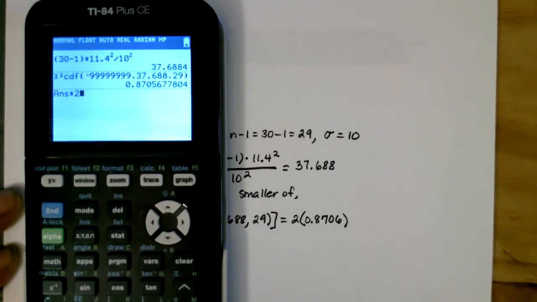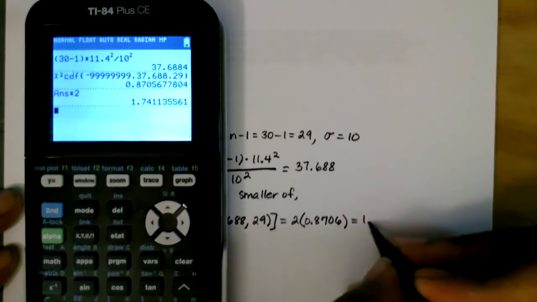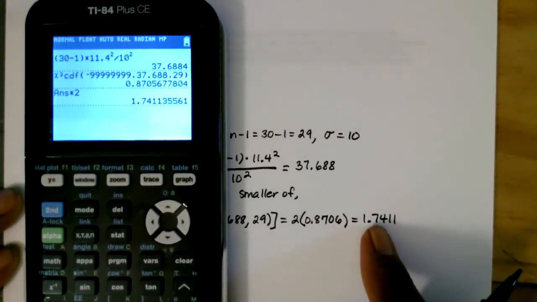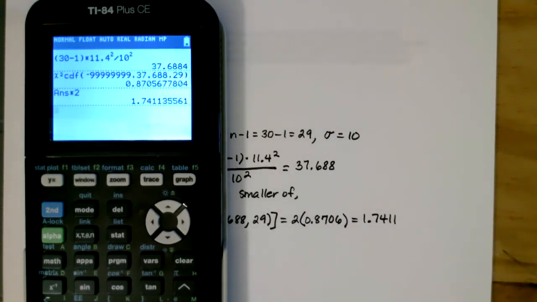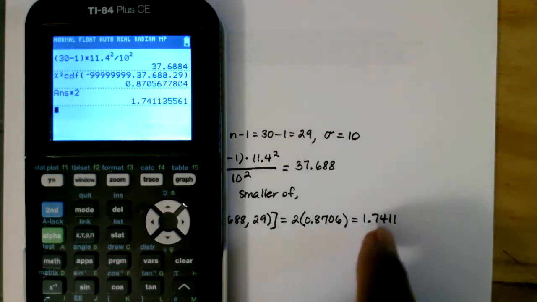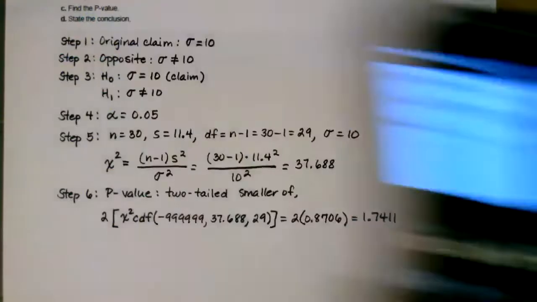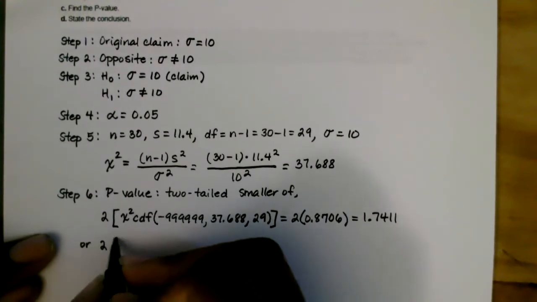So I'm going to take that and multiply it by 2. You're going to get, in this case, 1.7411. And unfortunately, we're not going to be able to use that one because, if you recall, probabilities are values that are between 0 and 1. This number is bigger than 1, so we're not going to be able to use that. So that means we have to do it the other way.